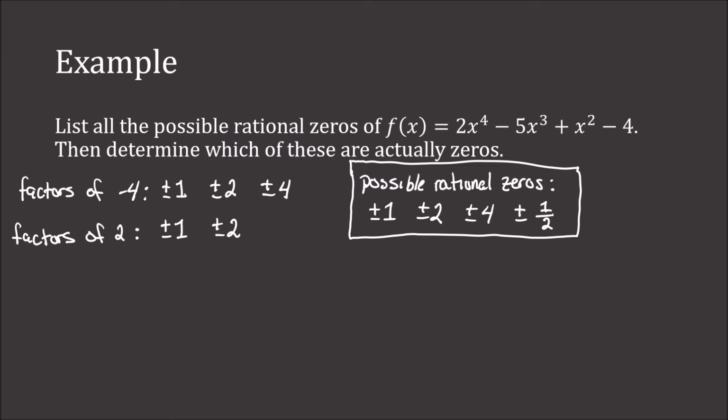Now for the tedious part, to check whether any of these are zeros. So we're going to do this using the factor theorem, or the remainder theorem, right? So to be a zero, the remainder has to be 0 when we do synthetic division. So we'll start with positive 1.